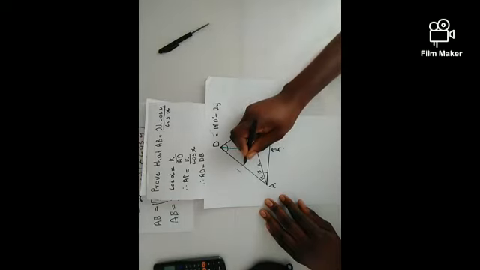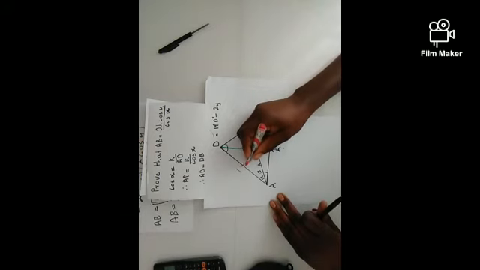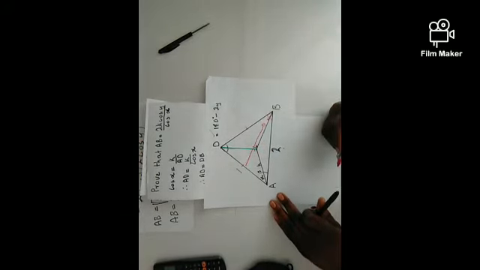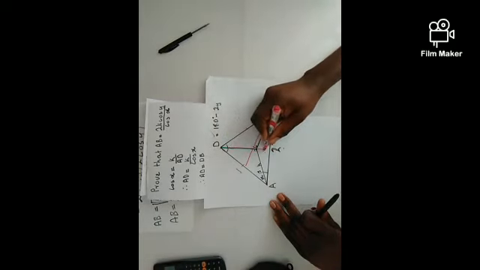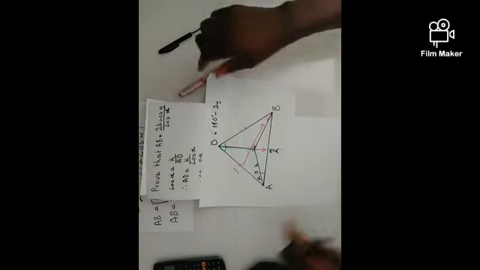Therefore, using the sine rule, we have a side and opposite angle, and then we have an angle and unknown side.